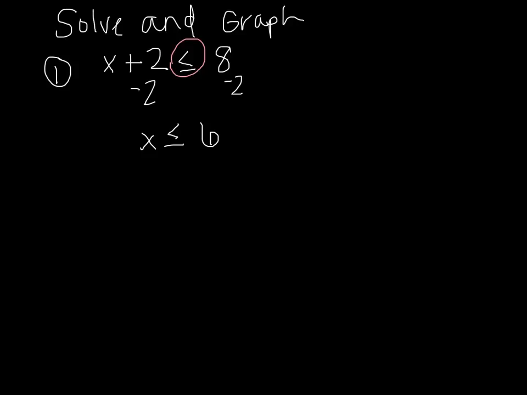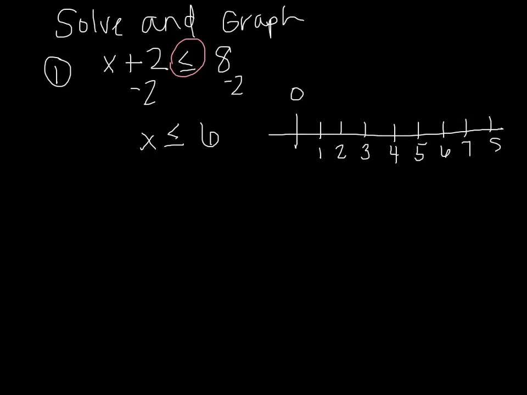Now how I graph that, get my number line out. I see it's going to be a positive number, so I'm going to put my 0 a little bit farther to the left because I don't need to draw in any negative numbers. 1, 2, 3, 4, 5, 6, 7, 8. We'll go up to 8. That's all we really need.